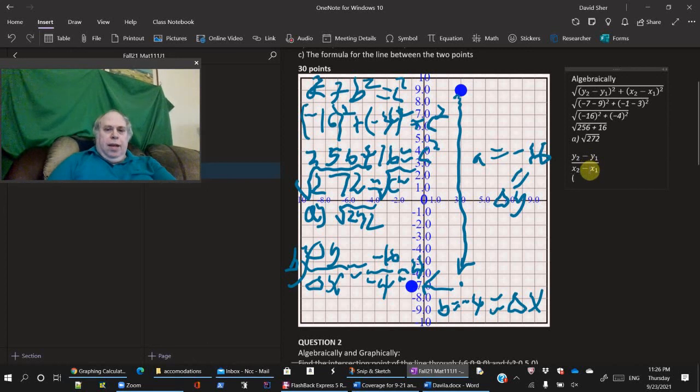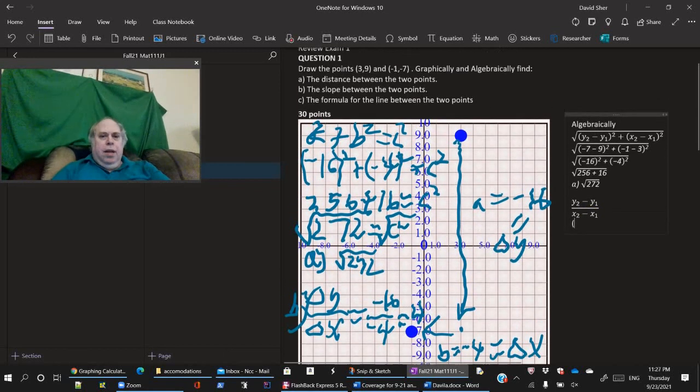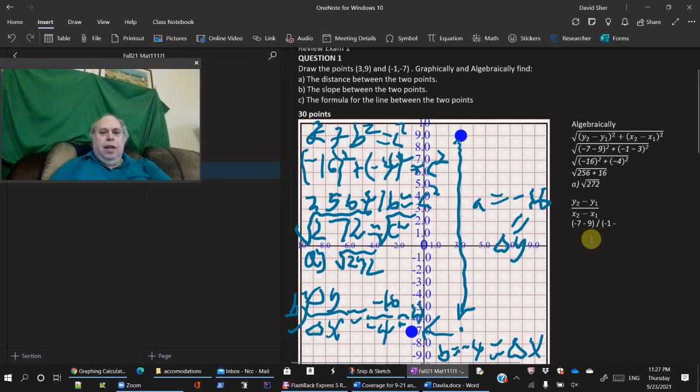And we plug that in, so I'm going to get y2, once again, let me bring that back on the screen, is minus 7. And y1 is 9. And we're going to divide that by x2, which is minus 1. And we're going to subtract off the x1, which is, the first x is 3. Oops, that's not where the 3 should be.